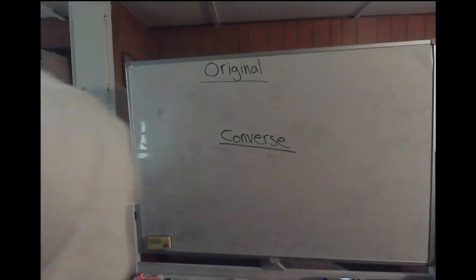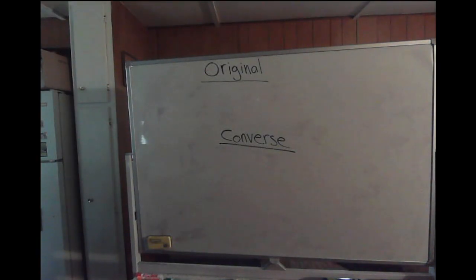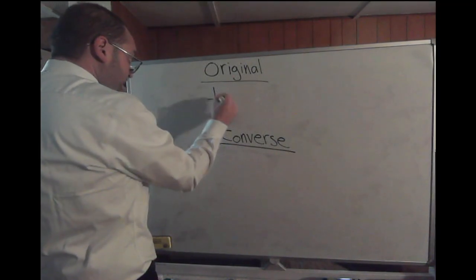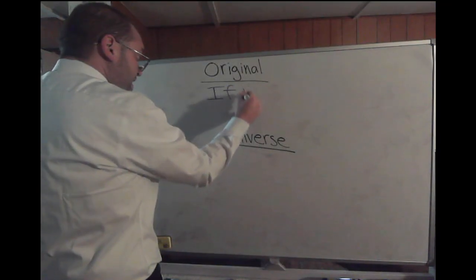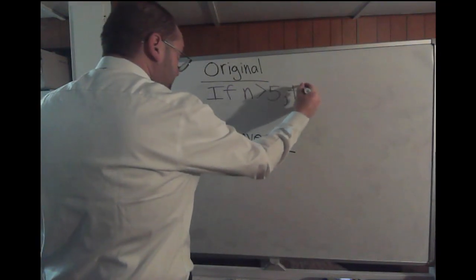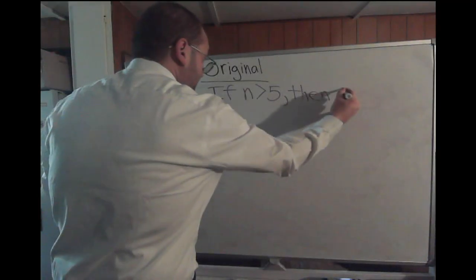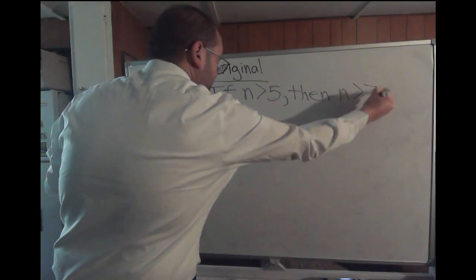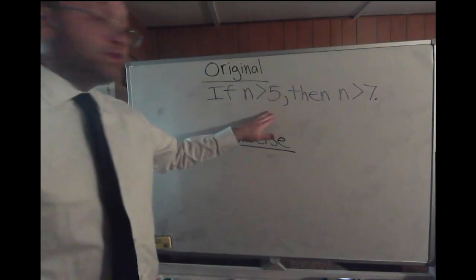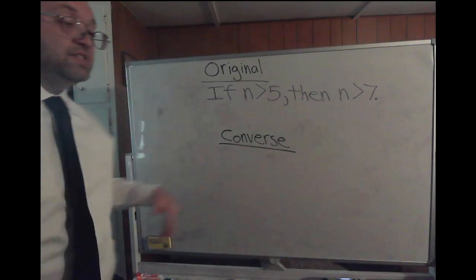Two more. Let's see. If n is greater than 5, then n is greater than 7. Alright, so the original statement is that if n is greater than 5, then n is greater than 7.